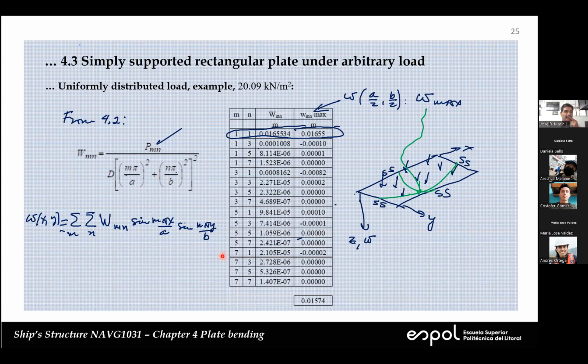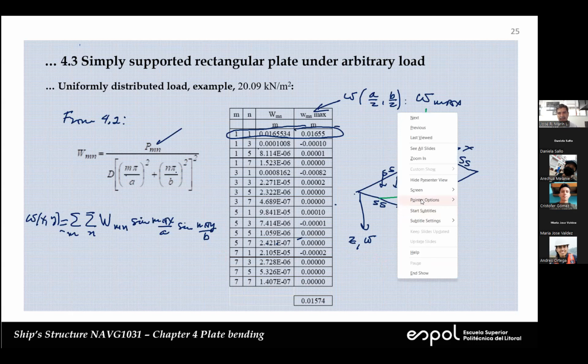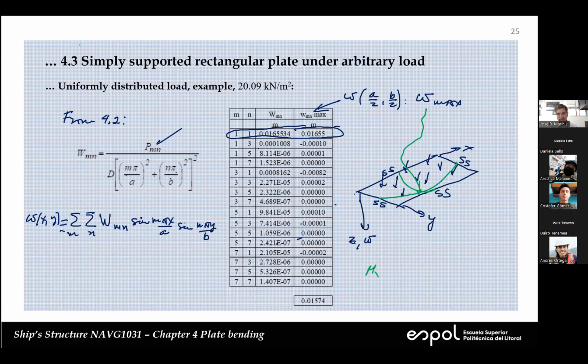I know it's difficult. Mr. Tenemea, do you remember the expression for Mx? Yes, doctor. For this case it is minus D times Wxx plus Poisson ratio times Wyy.